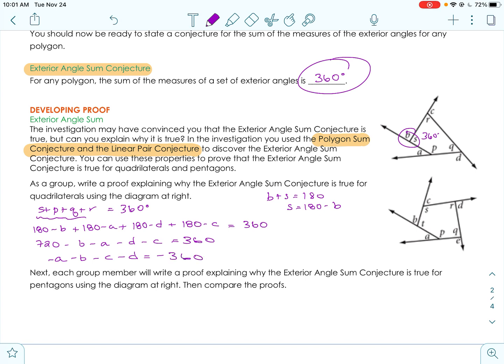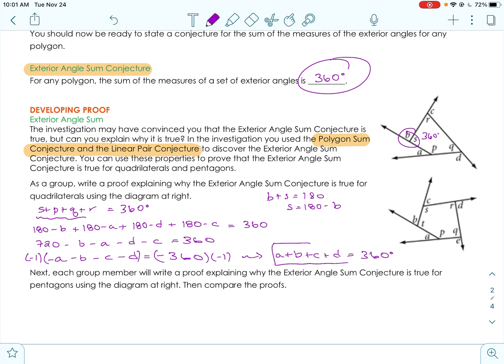We want those to be positive, so we're going to multiply both sides by negative 1. And that gives us A plus B plus C plus D equals 360 degrees.